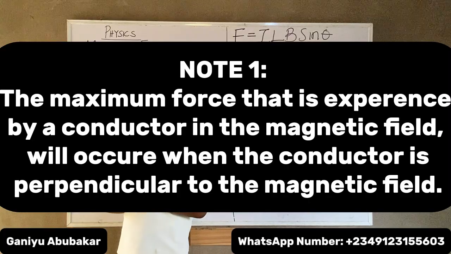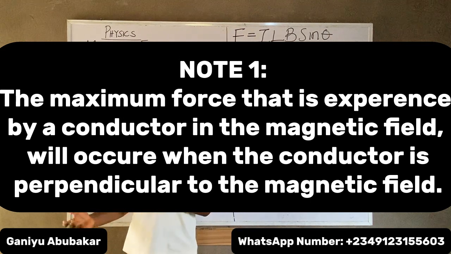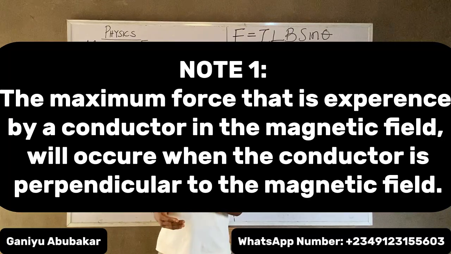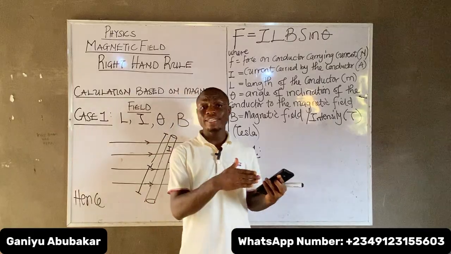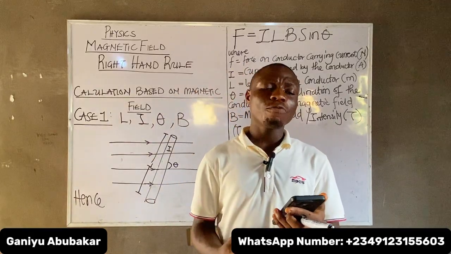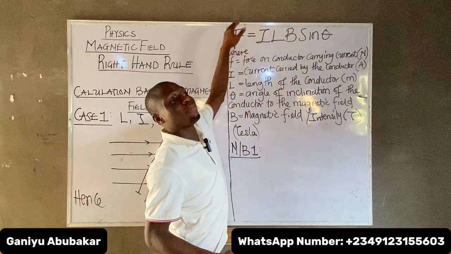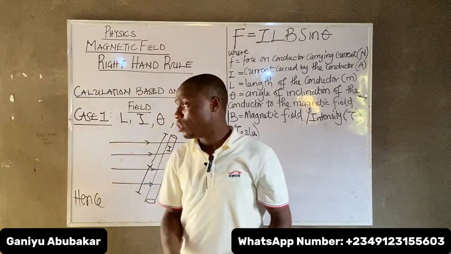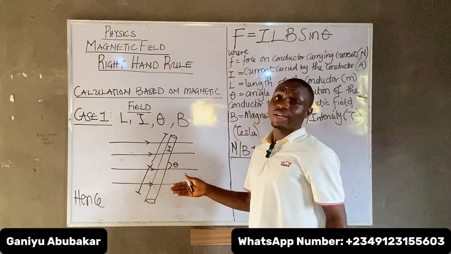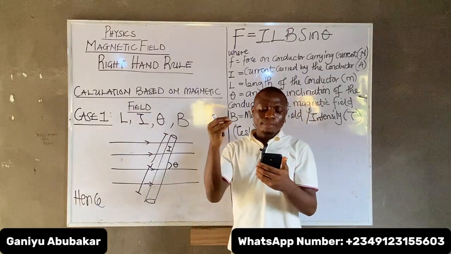perpendicular to the magnetic field. What are we saying? We are saying that for maximum force, the conductor must be perpendicular to the magnetic field.